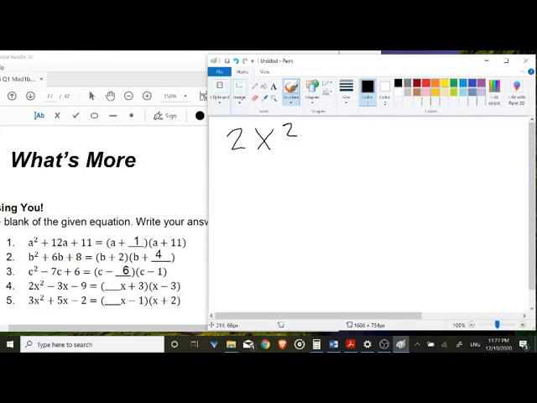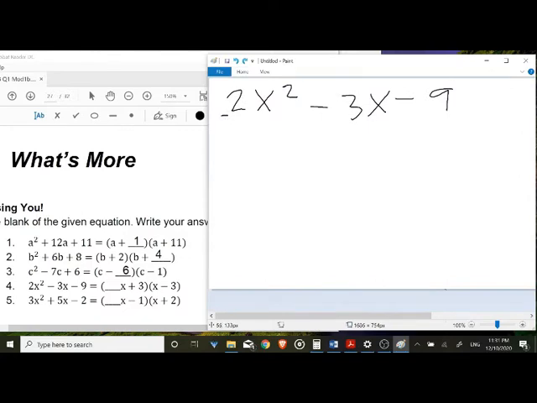So, number 4, ito pong given, 2x squared minus 3x minus 9. Yung leading coefficient po natin ay hindi na 1, 2 na. So, ang pamamaraan po natin dito ay isalin na natin si leading coefficient sa paghanap ng factors.